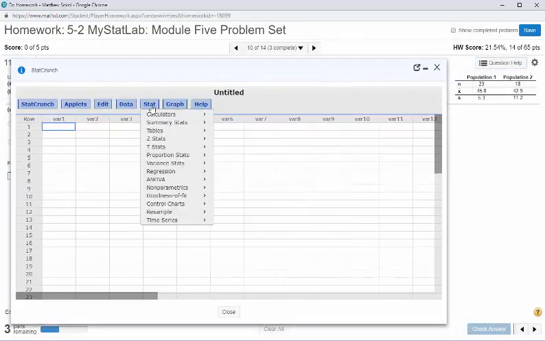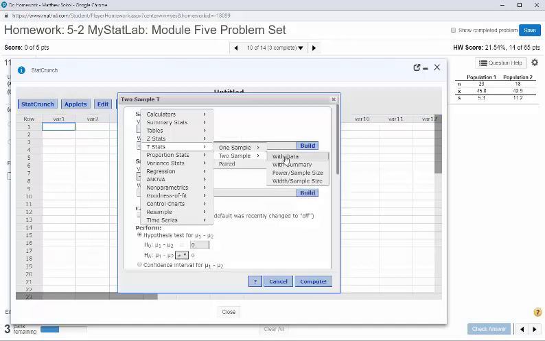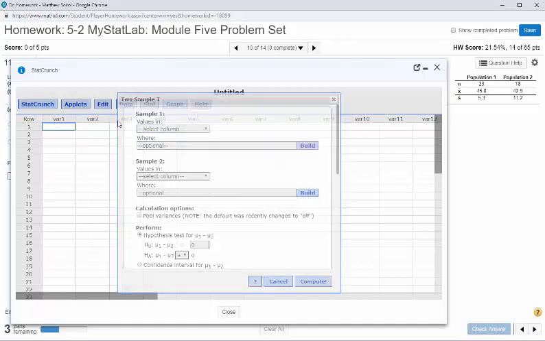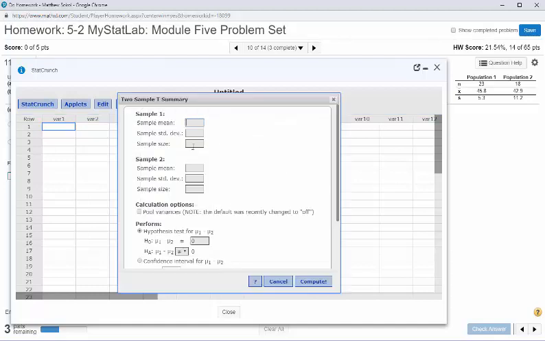And I'm going to go Stat, T Stat. Now this data is not paired at all. So it's two sample with data. Or excuse me, Stat, T Stat, Two Sample with Summary. My apologies, with summary. You're going to click on that.